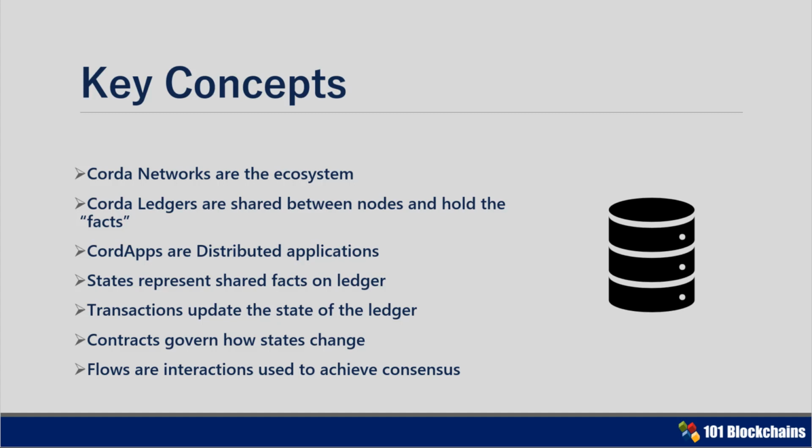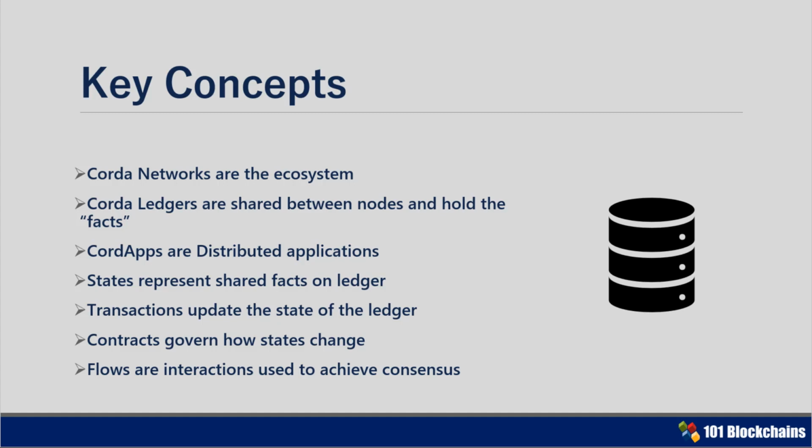But basically, we want to think about when we're deploying these CorDapps, these are going to be distributed applications. When we make a change to the ledger, that's going to represent typically any shared facts.